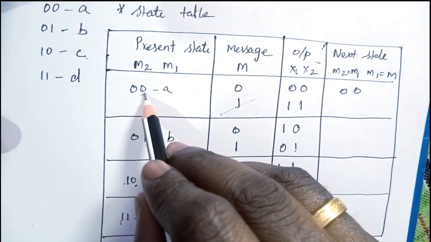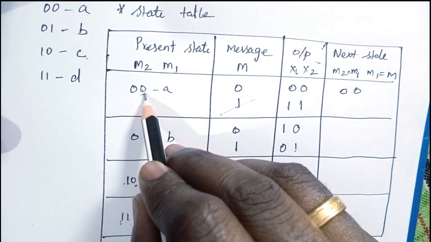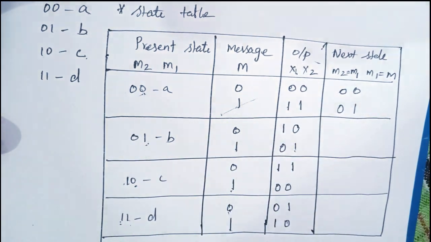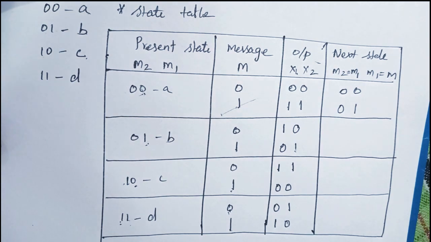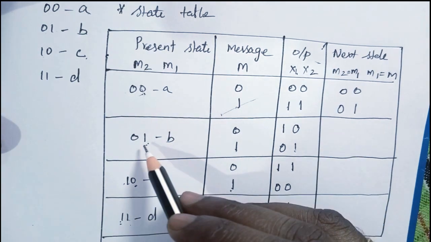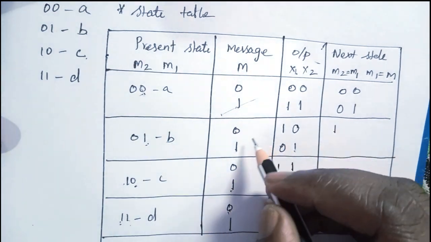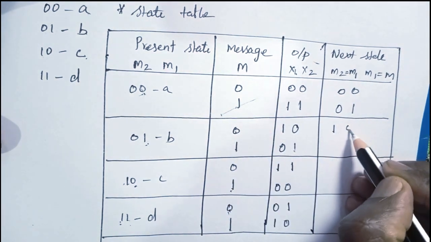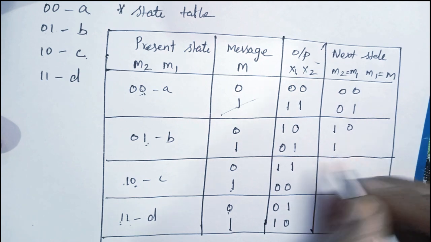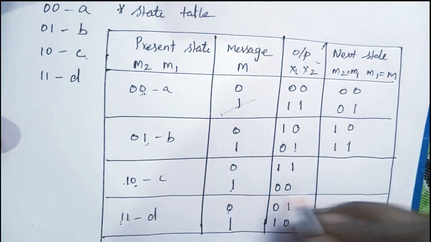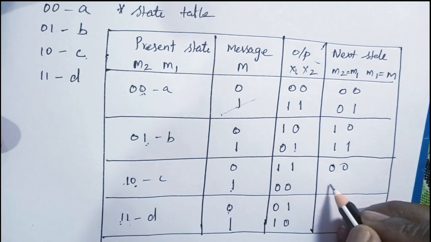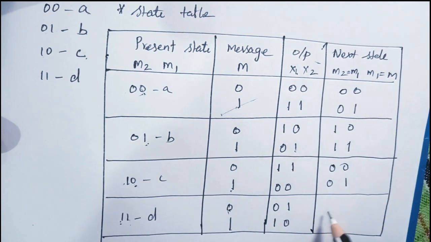Then M1 is nothing but 0, again M is nothing but 1. Okay, so M2 is nothing but M1, which is nothing but 1. Again, M1 is nothing but 0. So I'm just making it fast. It's going to be like 1 1. It's going to be like 0 0. It's going to be like 0 1 0 1. It's going to be like 1 0 1 0, and it's going to be like 1 1.